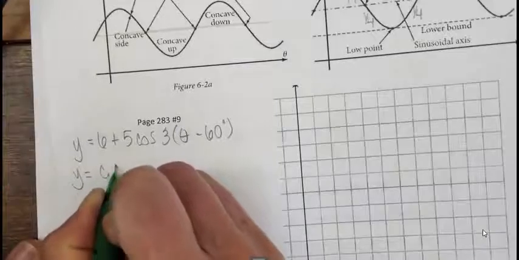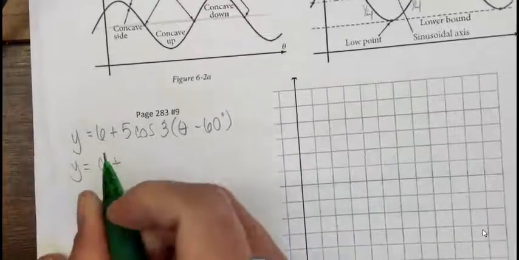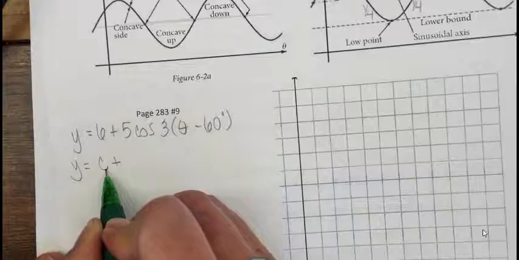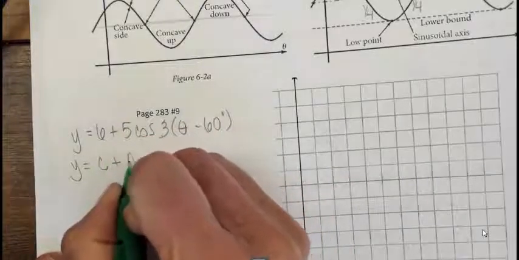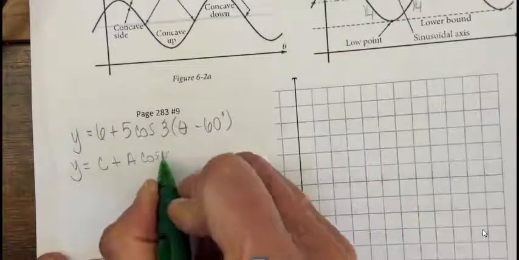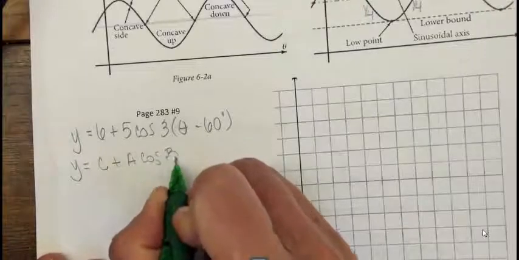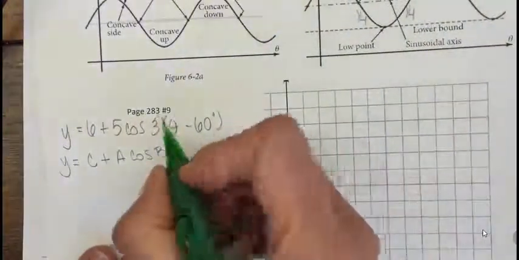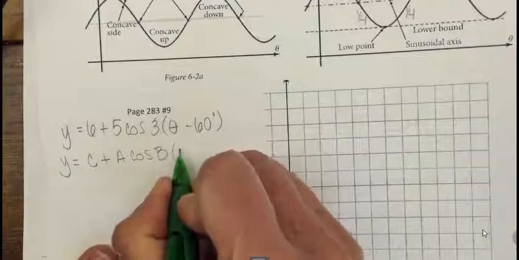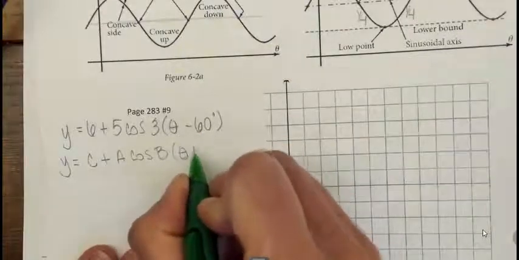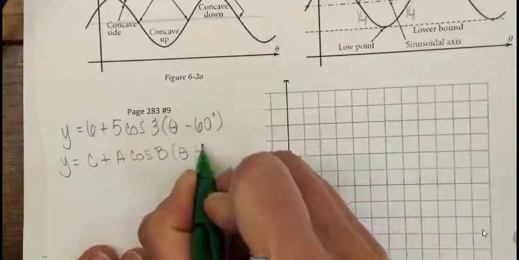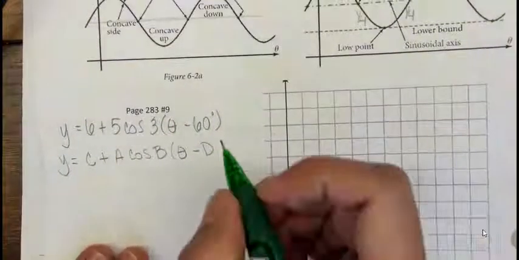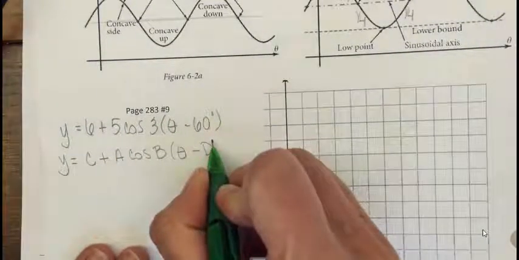So it's C plus, and C was that vertical translation or that midline. And then you've got the amplitude times the cosine of that horizontal dilation factor. And then theta, or your input, minus your phase displacement or your horizontal translation.